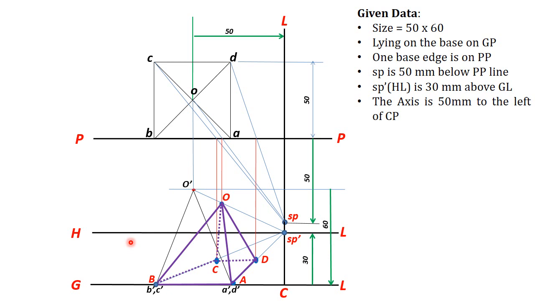So if a point is invisible within the boundary, all the lines joining that point within the boundary will be invisible. So the lines CO and CB will be invisible.